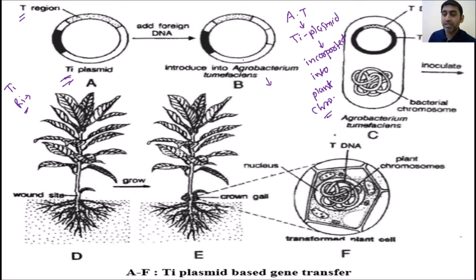Because this Ti plasmid can cause tumors in the plant, strains of bacterium have been developed which do not have the tumor inducing genes. However, the T region of this plasmid plays an important role in gene transfer.